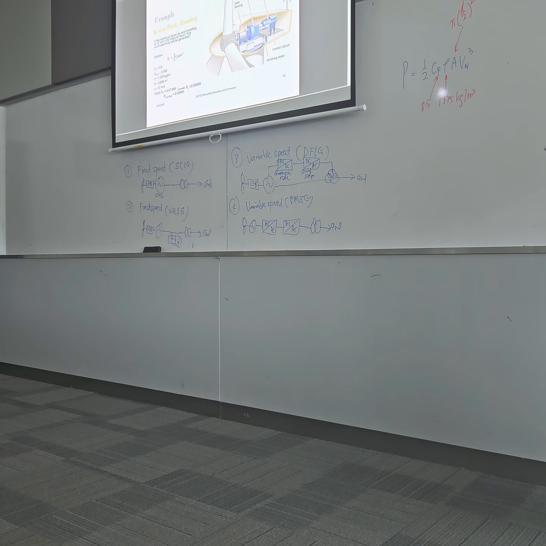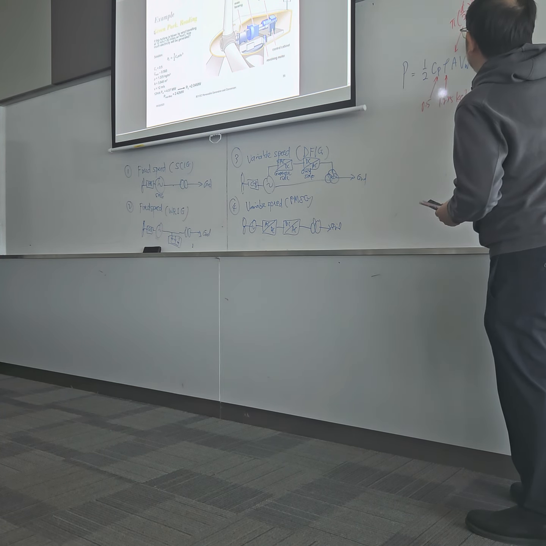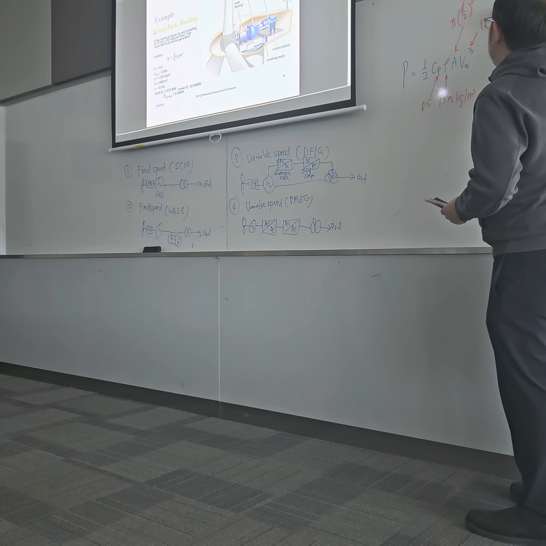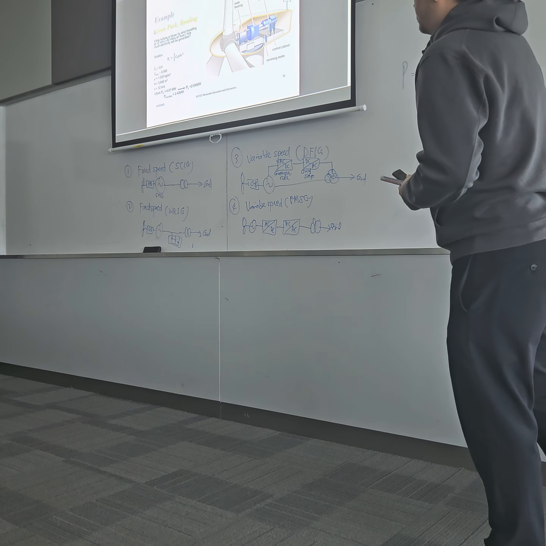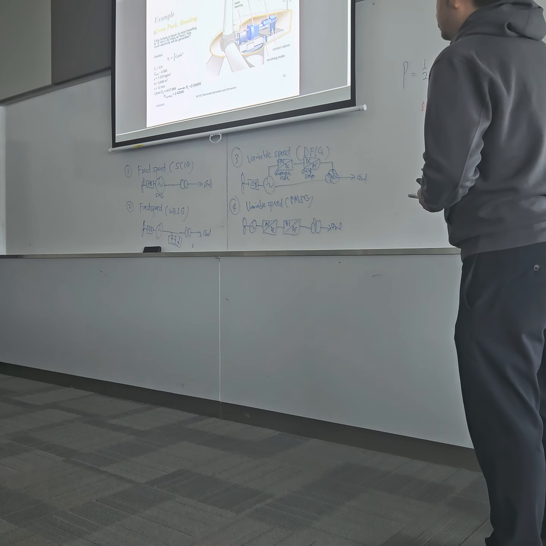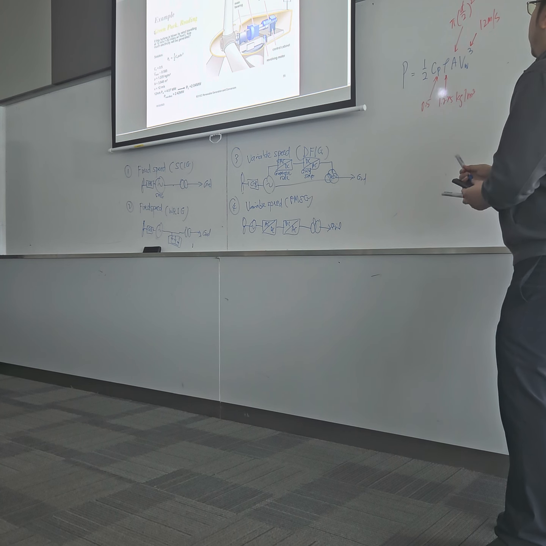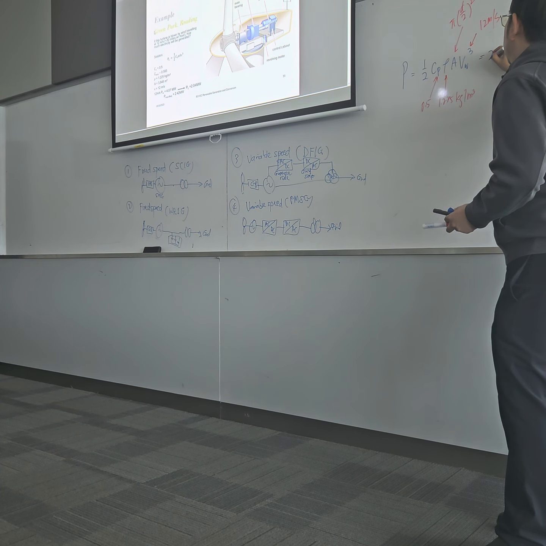So if our diameter was given at 70, what would be your area? You should get this value. And lastly, your wind speed is 12. You plug all those values in, and you should get your power output to be 2.04 megawatts. Is it correct?